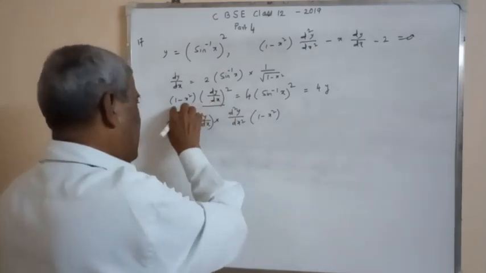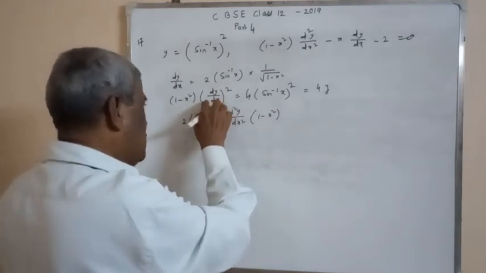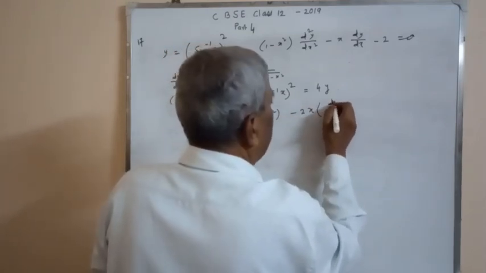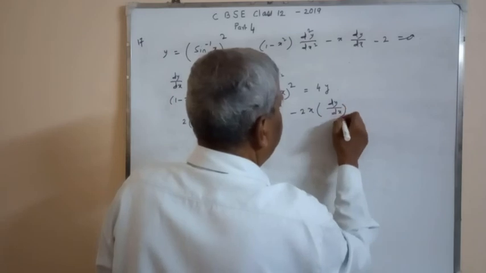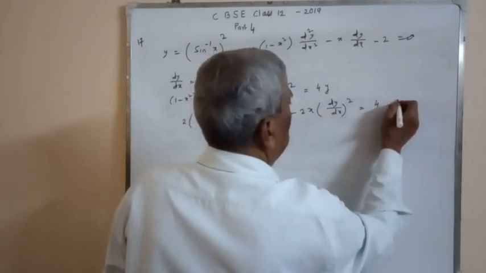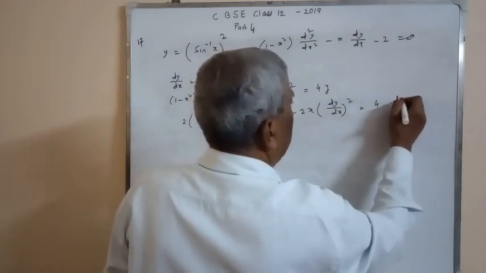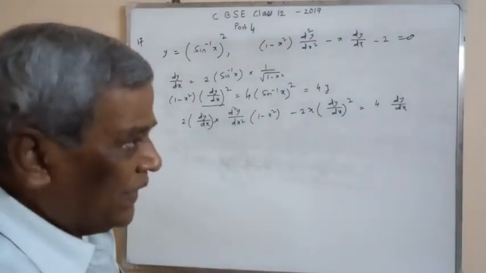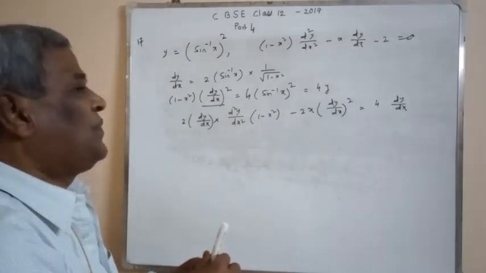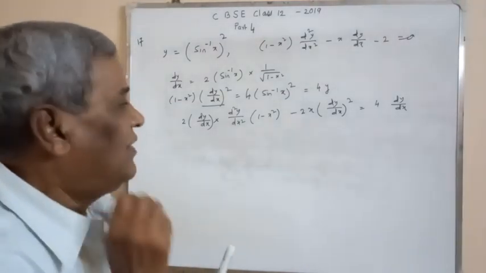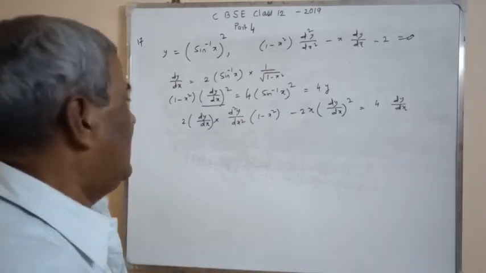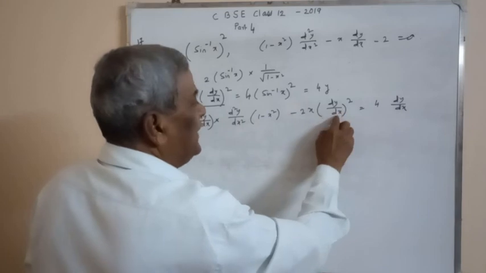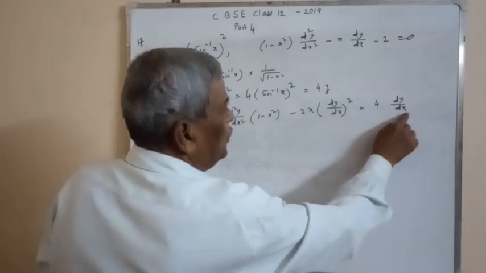Next, derivative of this into this intact, so minus 2x into (dy/dx) whole square is equal to 4 into dy/dx. Now in that type of problems, from both sides, 2 dy/dx must cancel. Here is 2 dy/dx, here also 2 into (dy/dx) whole square, here also 2 into dy/dx.